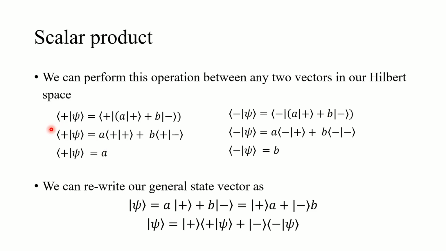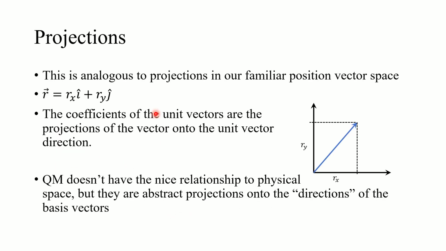These sort of projections are again analogous to our projections in our familiar position vector space. So looking at, say, just a two-dimensional vector in position, we have the x component in the i hat direction, the y component in the y hat direction.